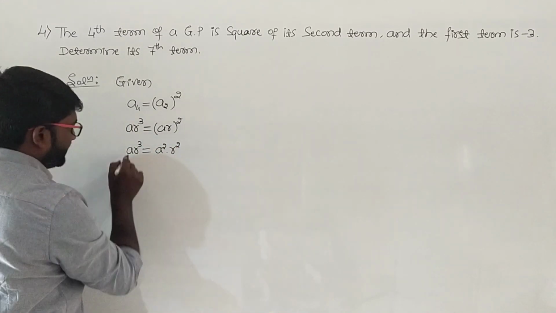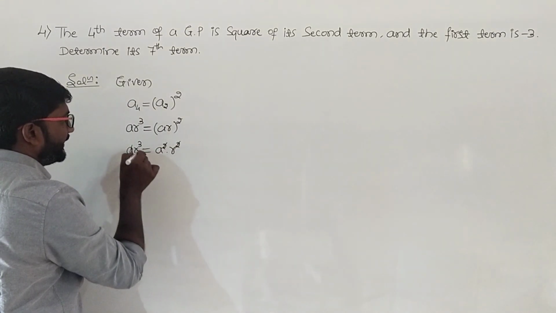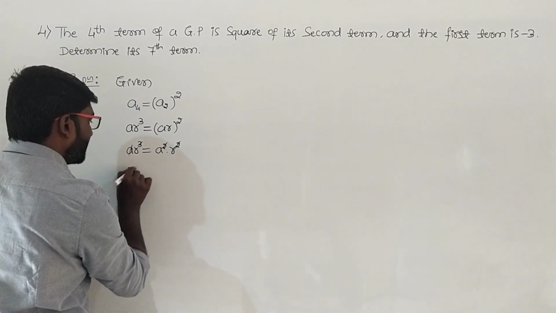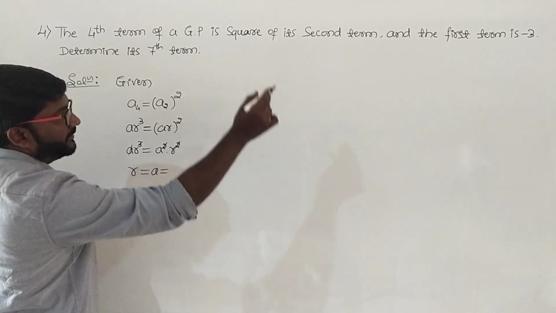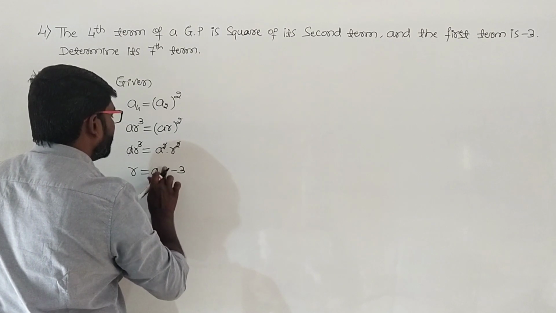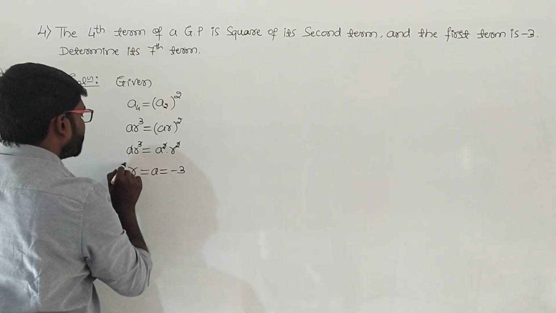Now here A and one A get cancelled, r square and r square get cancelled, you will be having r. That means r is equal to A, and what is A here? The first term is -3. That means here both the common ratio and the first term are -3.